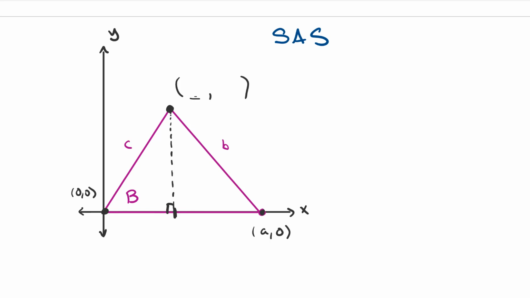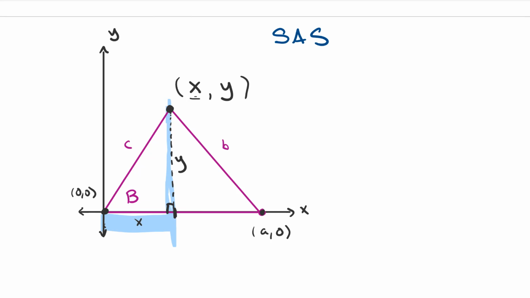The x value would just be the length here, from here to here. That's x. And then that height, the height like this, that's your y. Fair? Fair.